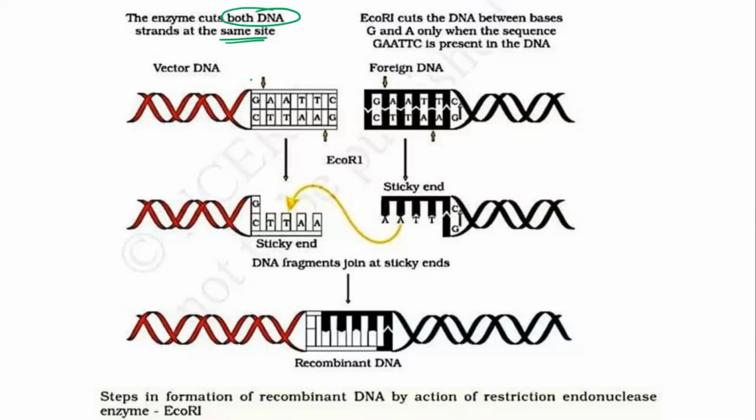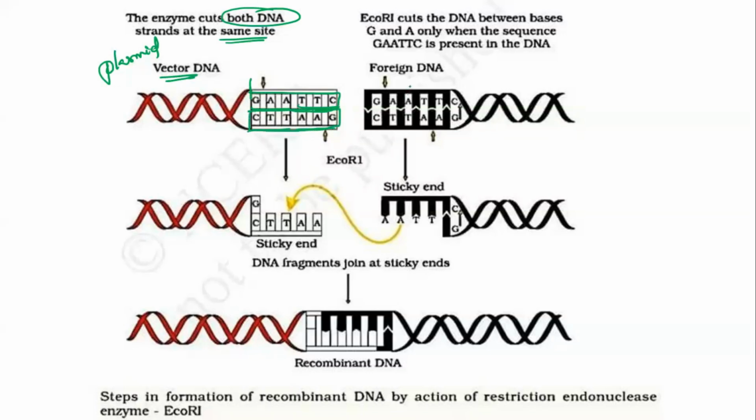And this is a vector DNA, that is the plasmid, the vehicle. Here we have the palindromic sequence GAATTC, and here also GAATTC. That is a palindromic sequence. It is not like GAATTC here and also GAATTC there, it is not like that. This sequence is palindromic to the opposite sequence.